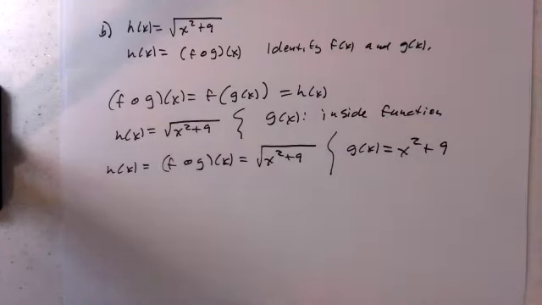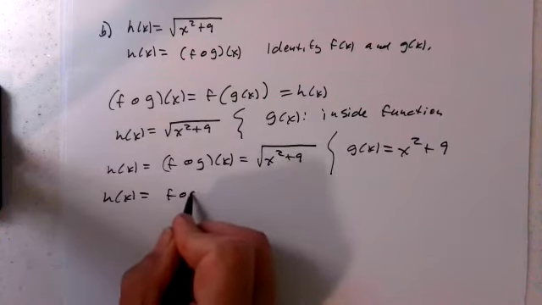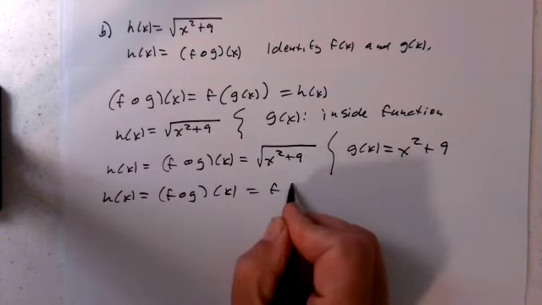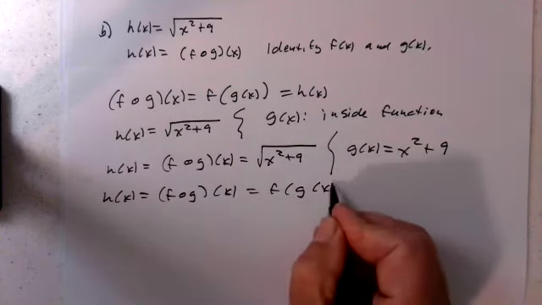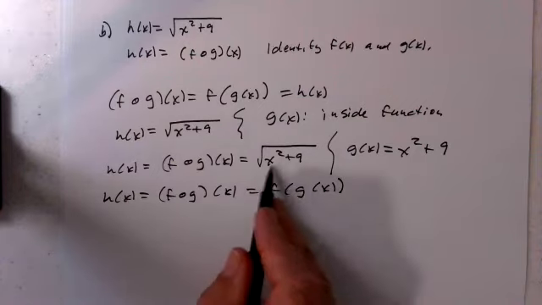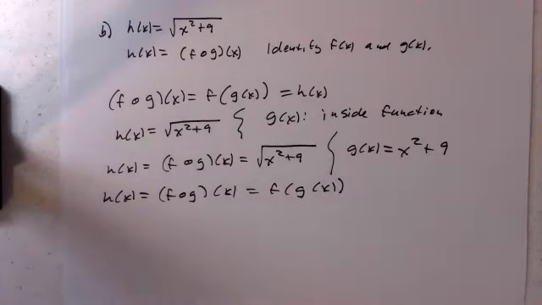Okay. So then h of x, which is f circle g of x, which actually means f of g of x. So if I replace the x squared plus 9 just with parentheses, what do I have there?